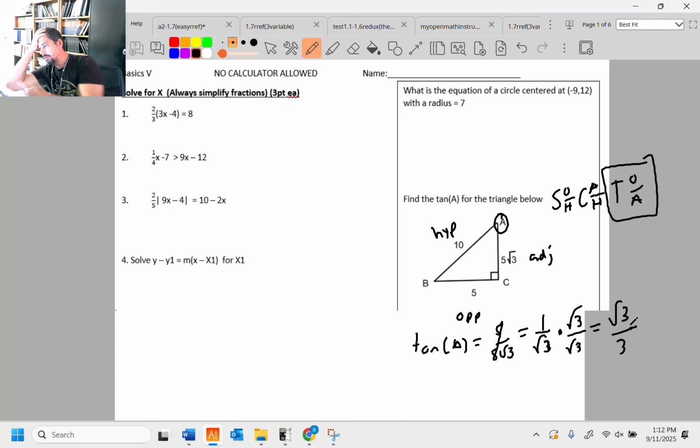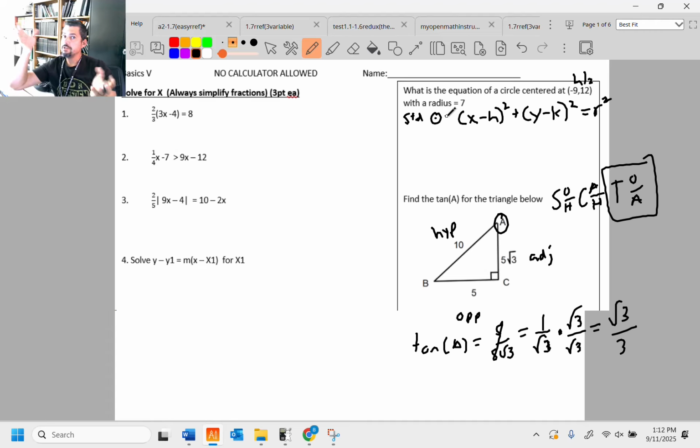Alright, to do this one, you have to know, again, this is from geometry, that the standard form of a circle is x minus h quantity squared plus y minus k quantity squared equal to r squared. You get h and k here, and r is for radius. What else do you think it was for?